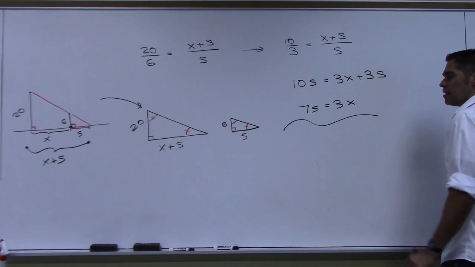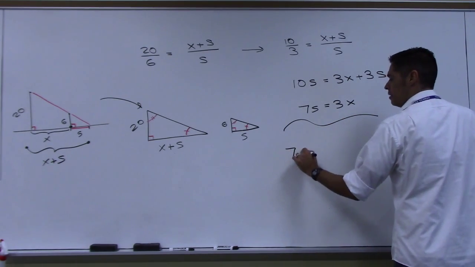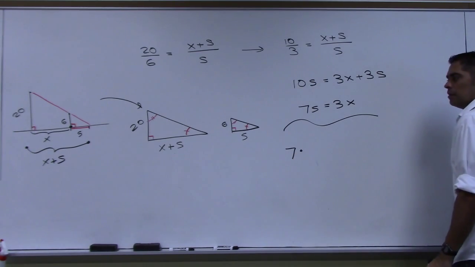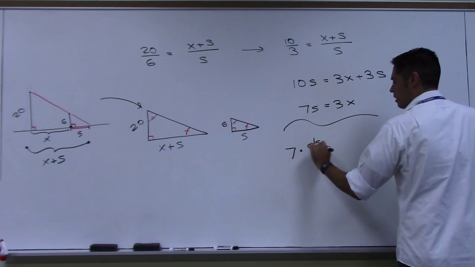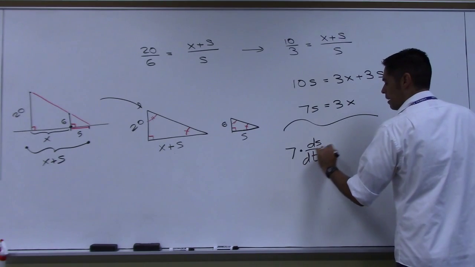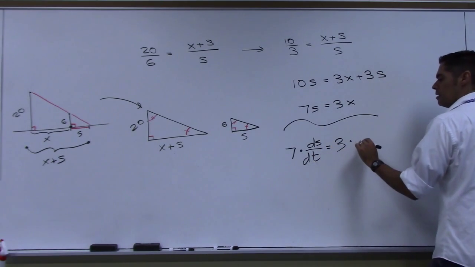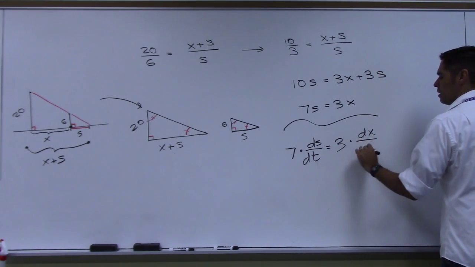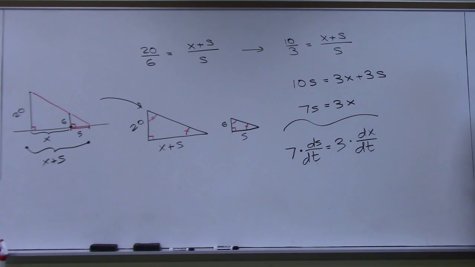What's the derivative of the left side? 7 ds/dt equals 3 times dx/dt. What were we trying to solve for? Like, what were we trying to figure out? ds/dt basically is what we wanted, right?